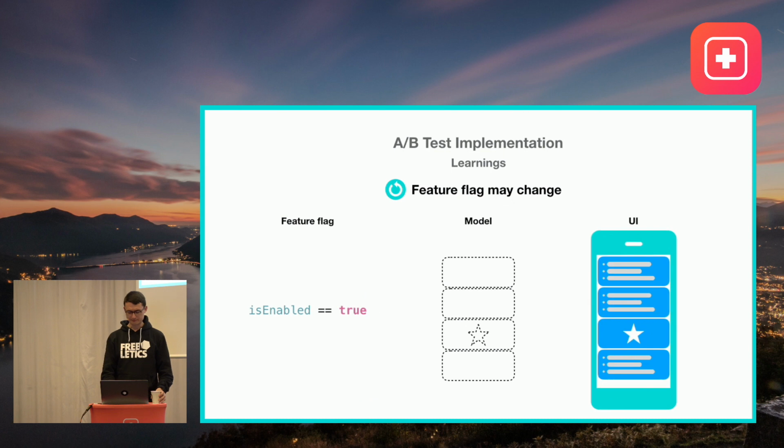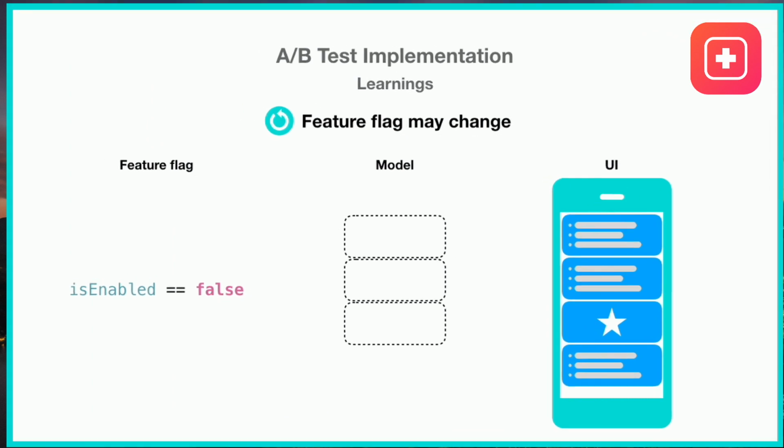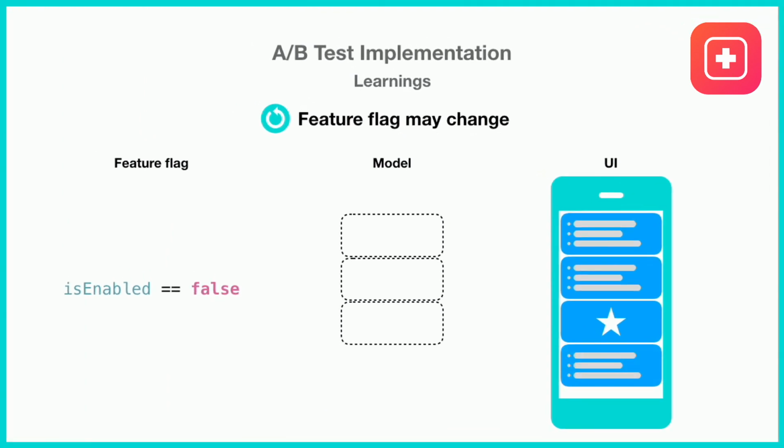What happened is that we enabled this feature, the model contained 4 elements, and the UI was presenting 4 elements. Then at some point we disabled this feature, and the model reflected these changes, but the UI didn't. And guess what happened when the user pressed this last cell: of course, we got a crash.